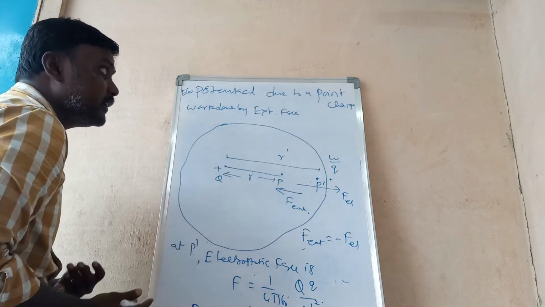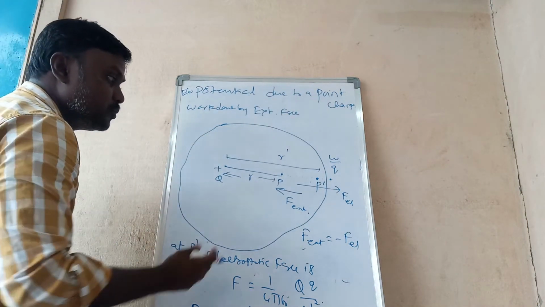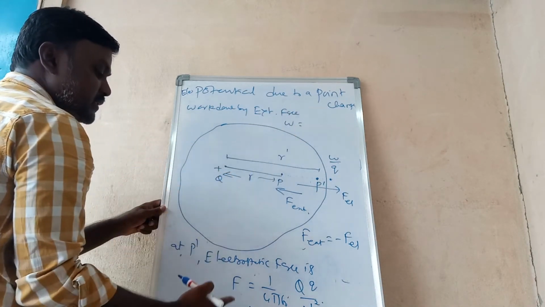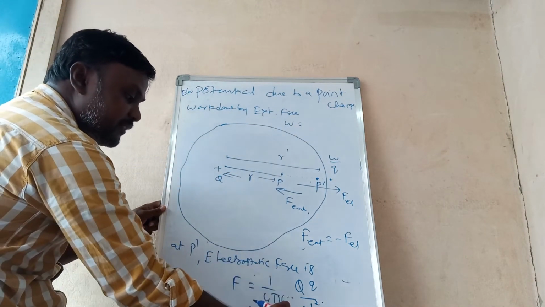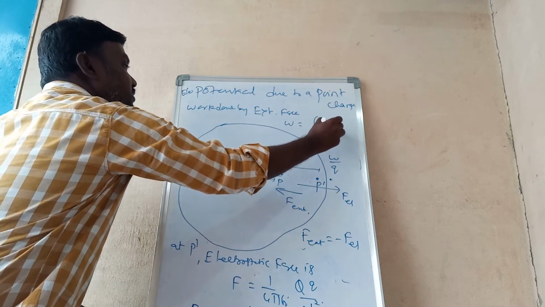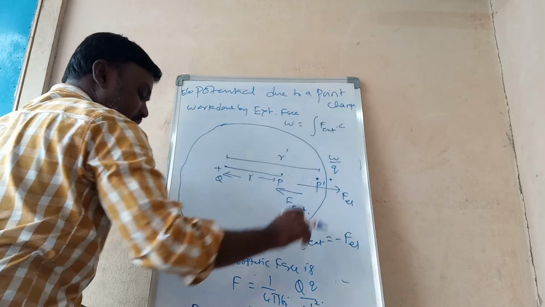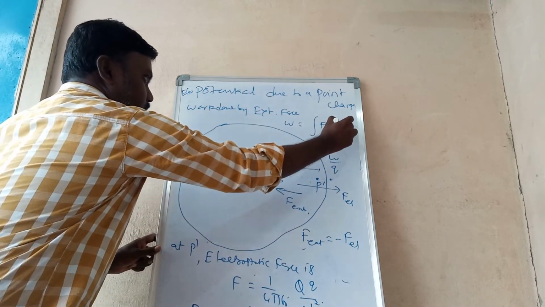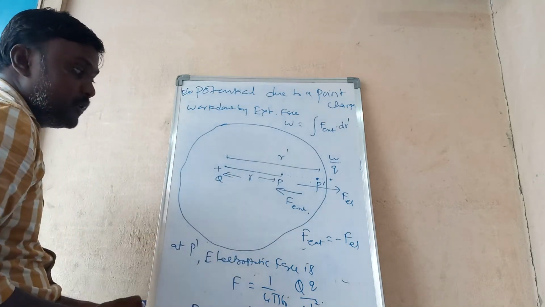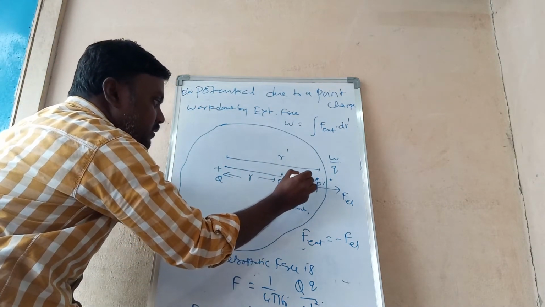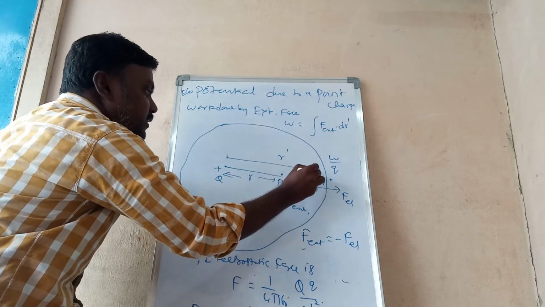This is what is called the potential, to move it from infinity to this point. Since the electrostatic force is a variable force, the work done by a variable force is the integral of F external dr prime. You may wonder what dr prime means: dr prime is the smallest displacement.